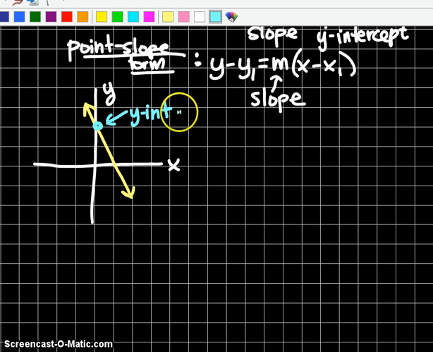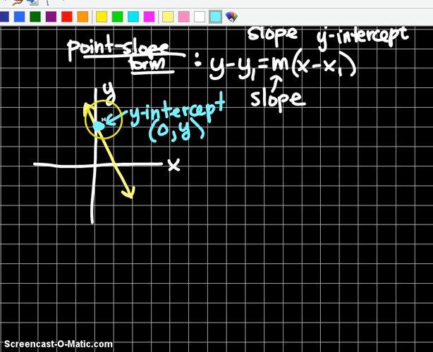So when I say y-intercept, I specifically mean a point that's on the y-axis, not the x-axis, the y-axis. And that point is always going to have an x value of 0 because it's always just up or down. It's never traveled left or right from my center. So that point right there always has an x value of 0, and then we don't know what the y value is. It could be anything depending on our situation.